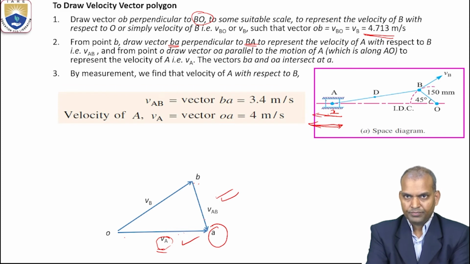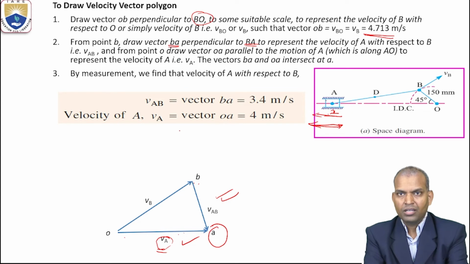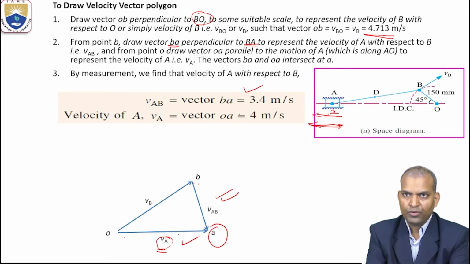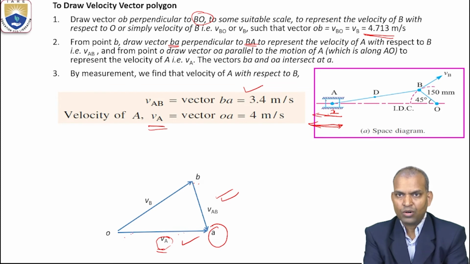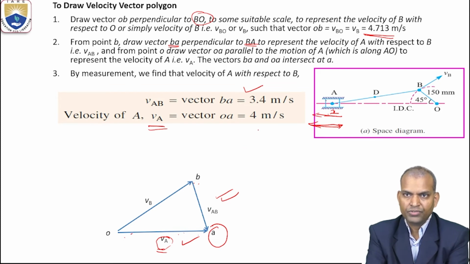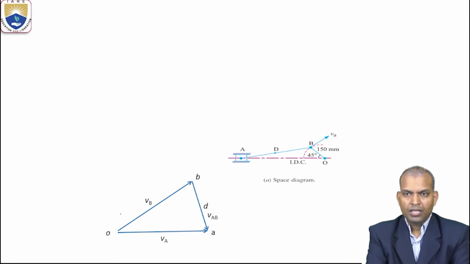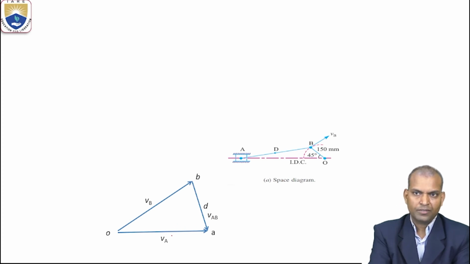The values are observed as VAB equal to 3.4 meters per second, and if we measure OA length, velocity of A gives 4 meters per second. So far we have studied how to calculate VAB, the velocity of A with respect to B, and the velocity of A.